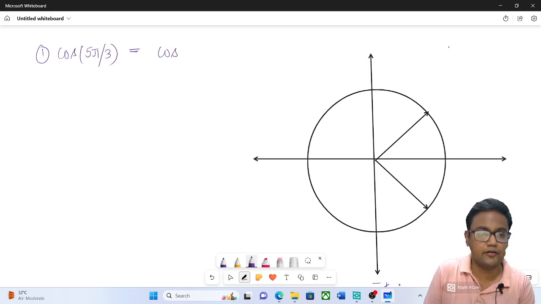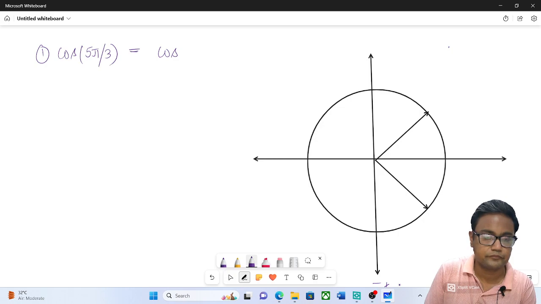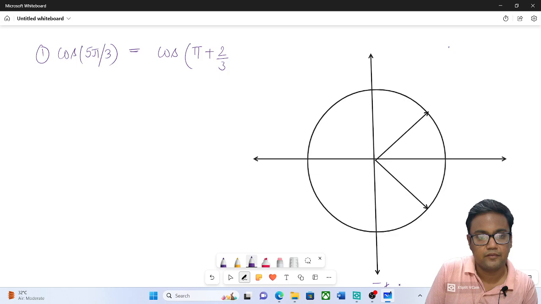Now you again have two options here. But as we have learned, I may write this as cos of 3 ones are 3, so 1 pi, that is pi plus 2 by 3 pi.